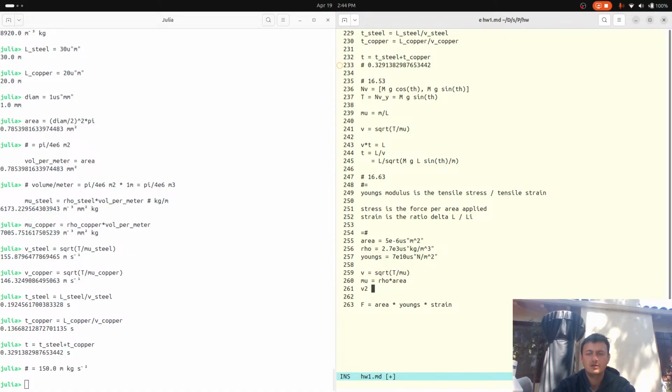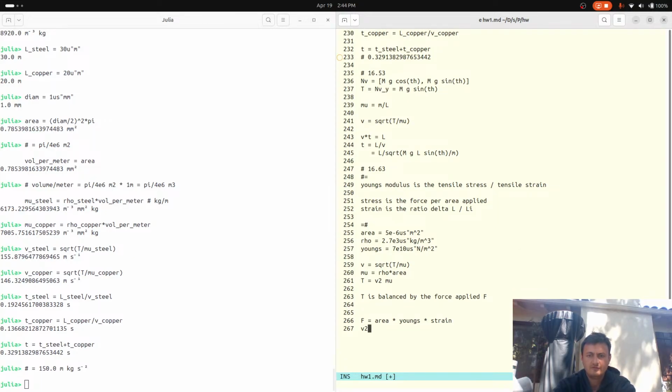So V squared mu is equal to T. So we should get V squared rho area is equal to area Young's strain.